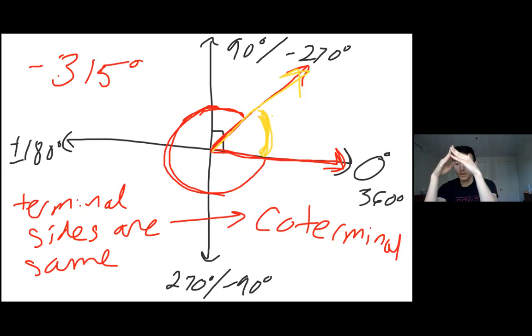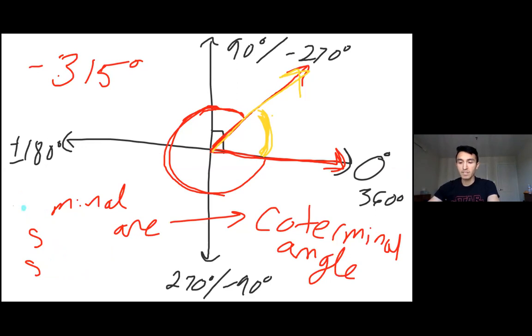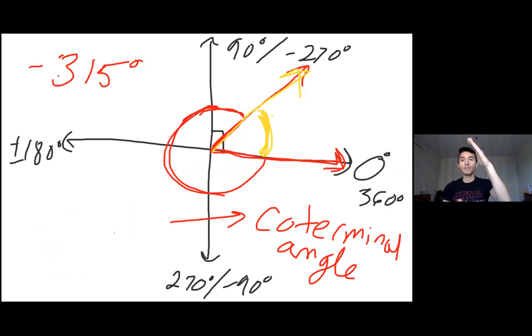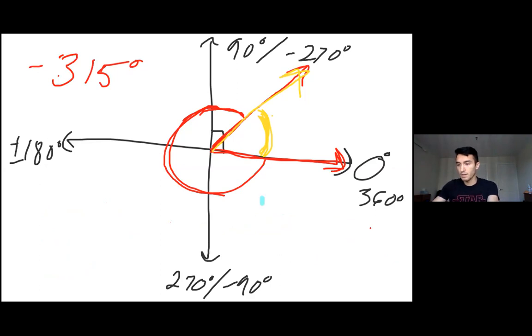Terminal means ending point, right? So this is a coterminal angle, okay? And basically all that means is that they have the same sides. It's just that one of them is part of a circle and the other is the other part of the circle, right?